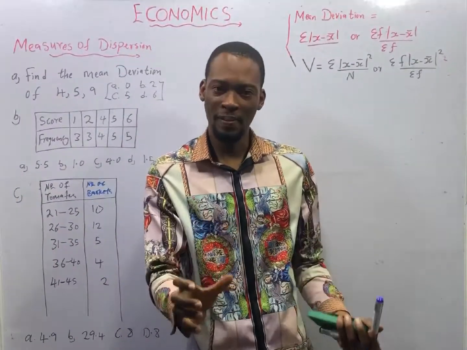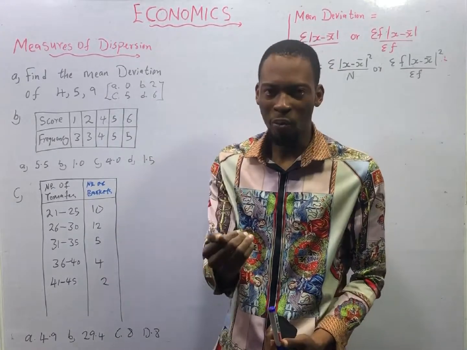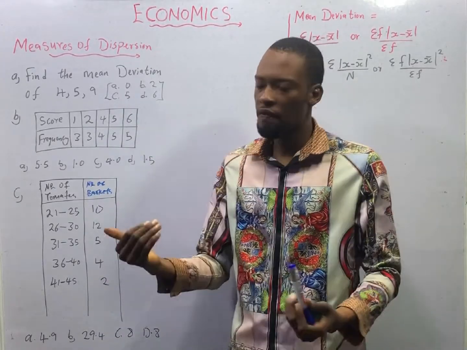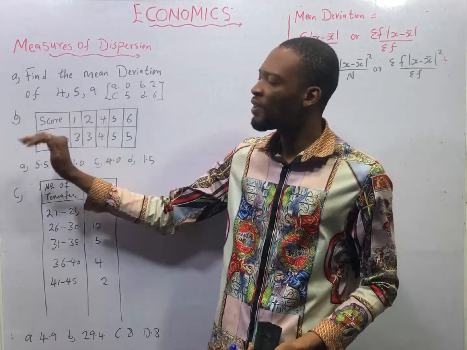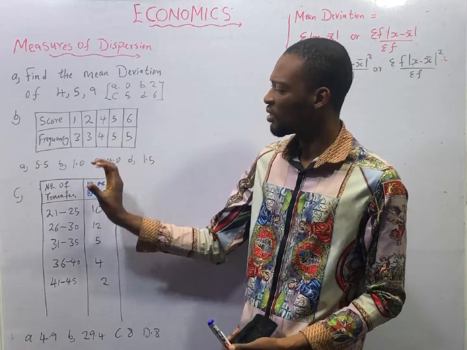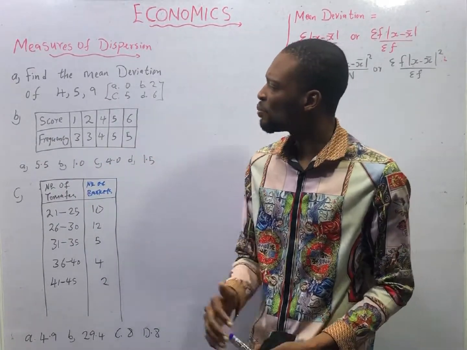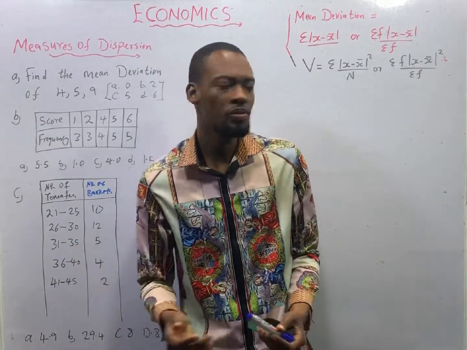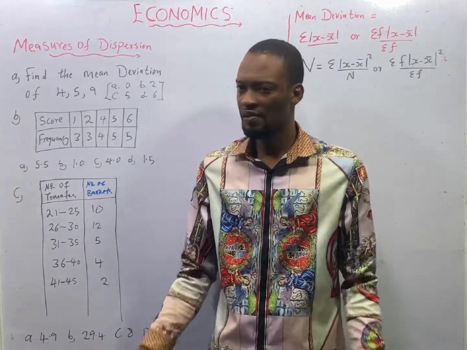These are the various ways questions come under measures of dispersion. The first way is that you'll be given an ungrouped data, meaning values that are not in tabular form or in frequency distribution, and you'll be asked to find the mean deviation, the variance, or the standard deviation.